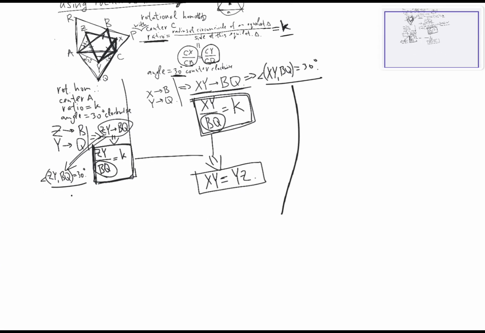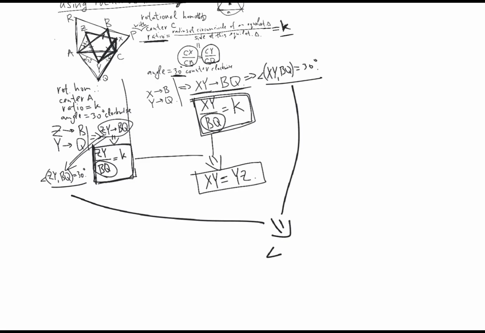And now, knowing this angle and this angle, we conclude that, because BQ is the same, right, the angle between the lines XY and YZ is equal to 60 degrees.